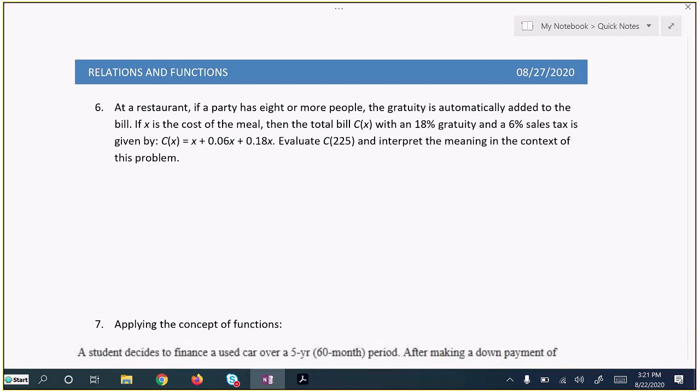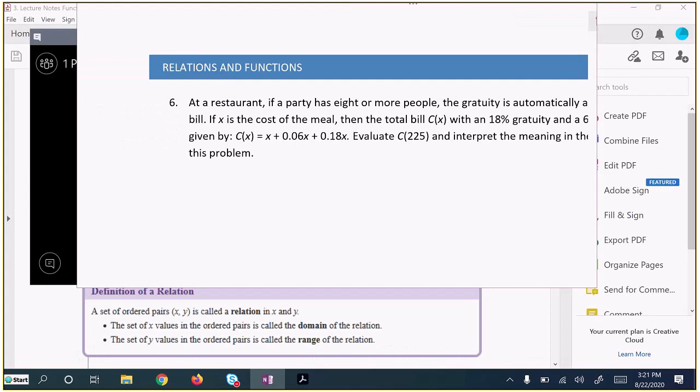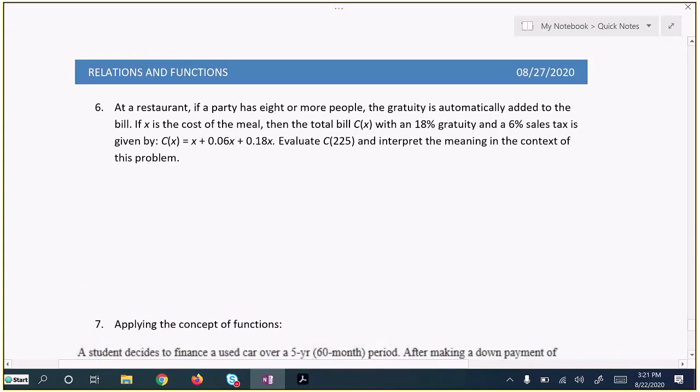Okay, sounds good. So this is an example of using function notation. We're naming our function C of x. So evaluating C of 225 just means replacing x by 225 in the function. So I have 225 plus 0.06 times 225 plus 0.18 times 225. And I can simplify that a little bit.